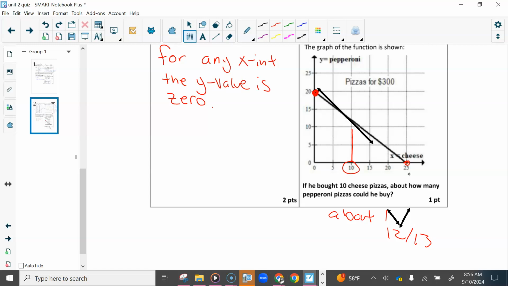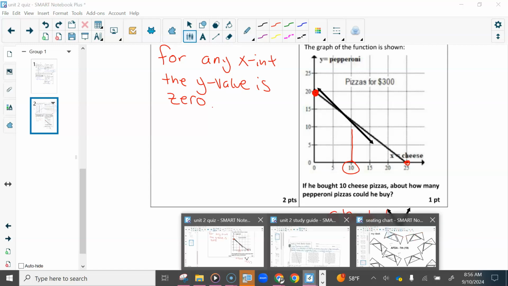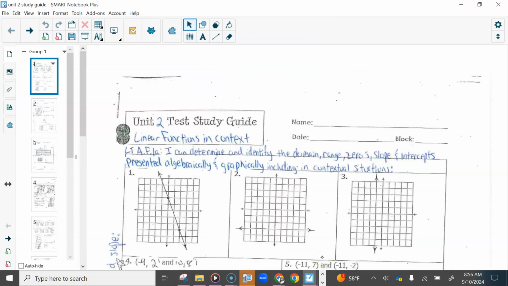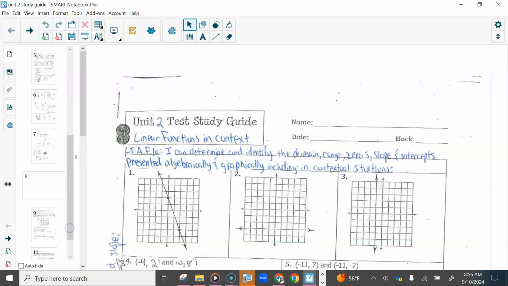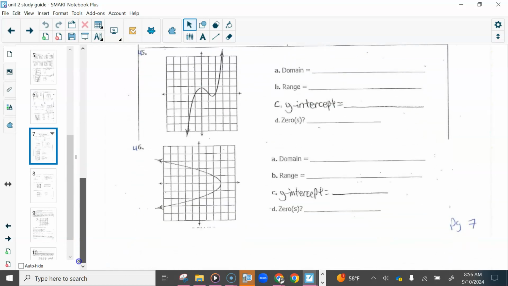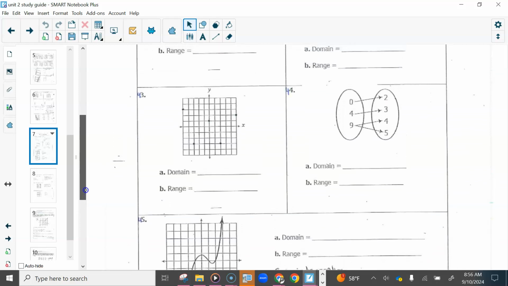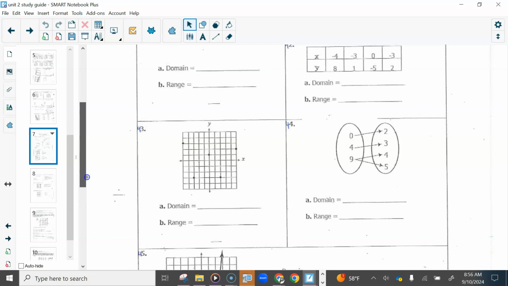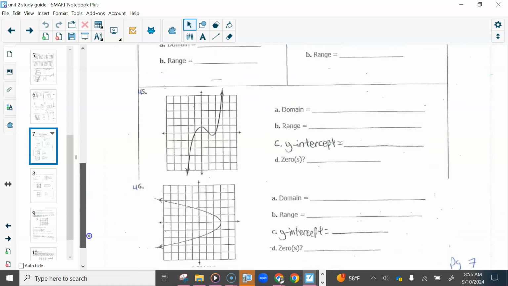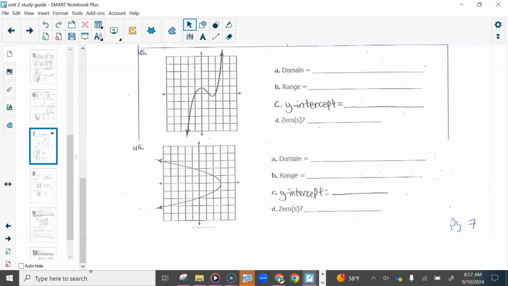So any of those. Which one? Which one is it? Probably 46. Just the domain and range or all of them?